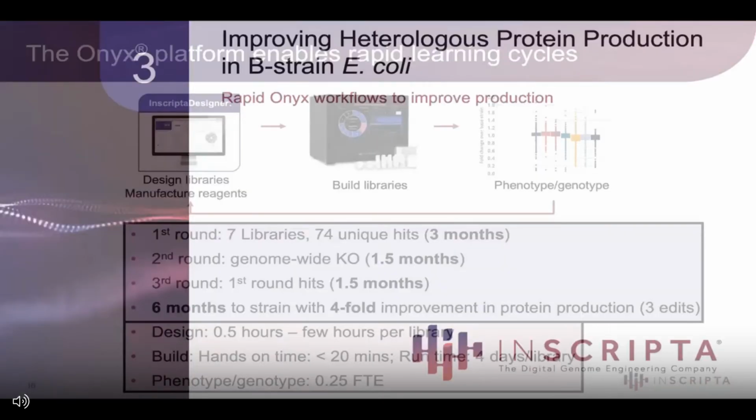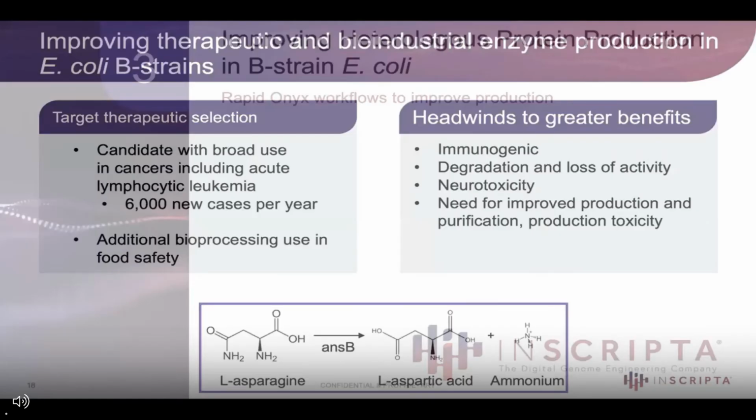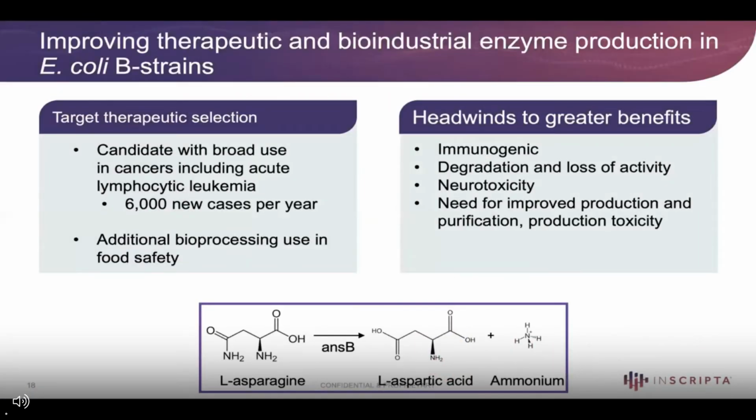So we wondered, hypothetically, could we apply the same philosophy towards B strain production? And that's where this workflow came in on how we might be able to edit the B strain to improve production. So our first round target was an enzyme of interest for both therapeutic purposes as well as a bioindustrial enzyme.